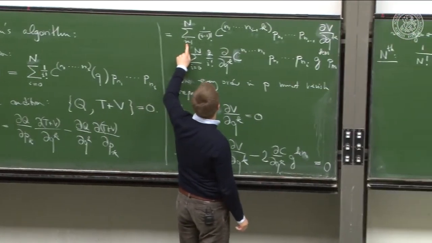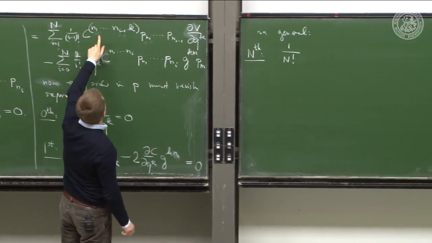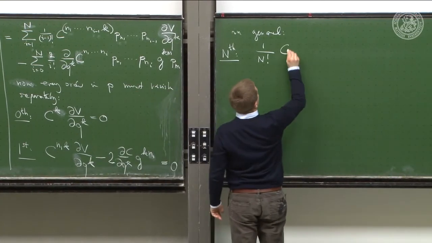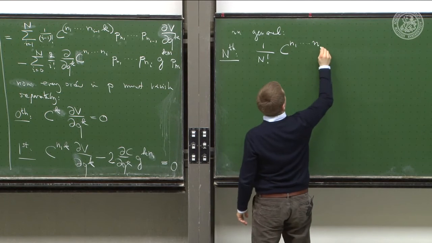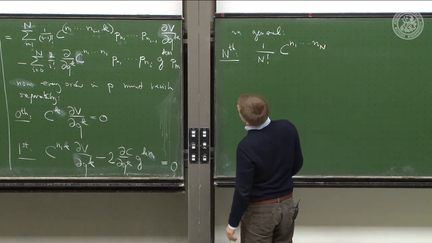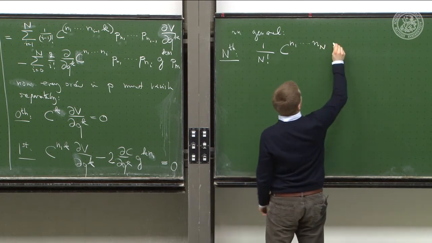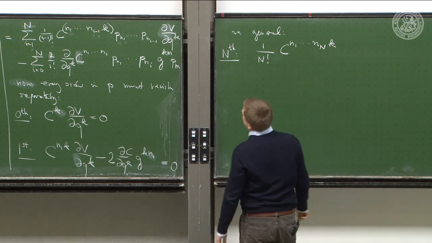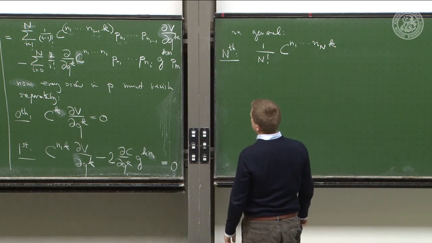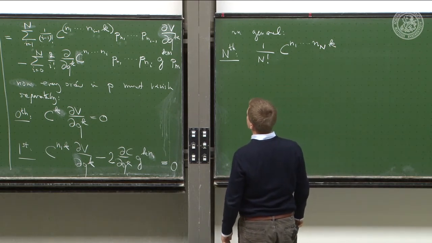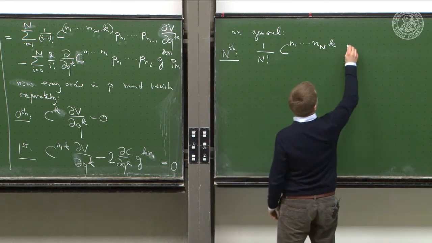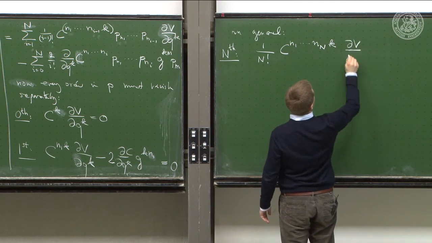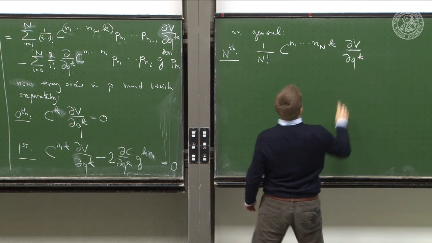Then I have C n1 up to n, because n is n plus, I is n plus 1. Then there is another k. That's right. Then come all these p's. And then I have dv by dqk.